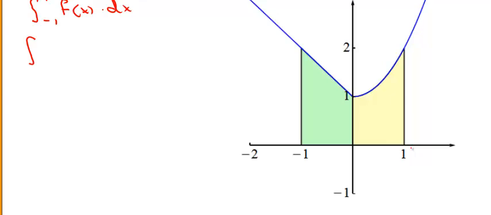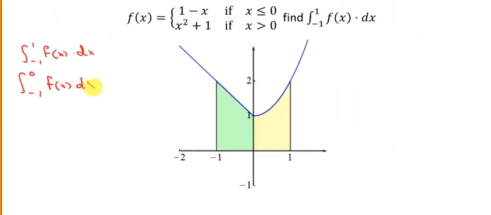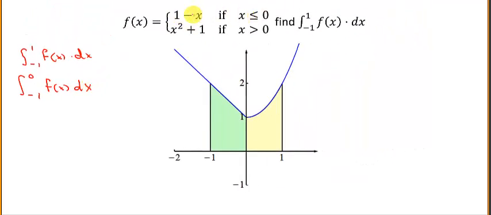And where I'm splitting it is at 0 because that's where this function changes rules. So we'll integrate f of x from -1 to 0, because f of x follows one rule from -1 to 0, and then the integral from 0 to 1. Why? Because f of x follows a different rule from 0 to 1, when we're bigger than 0.